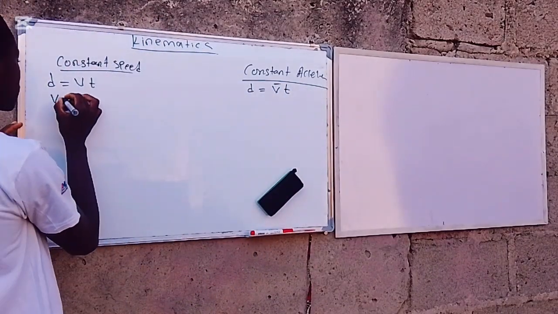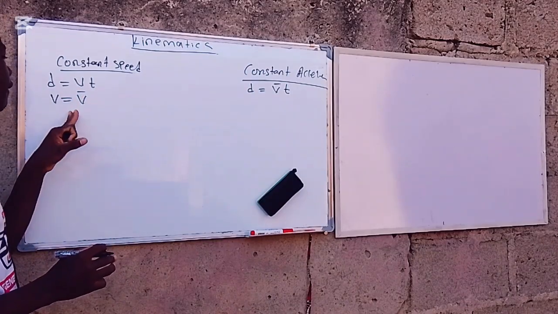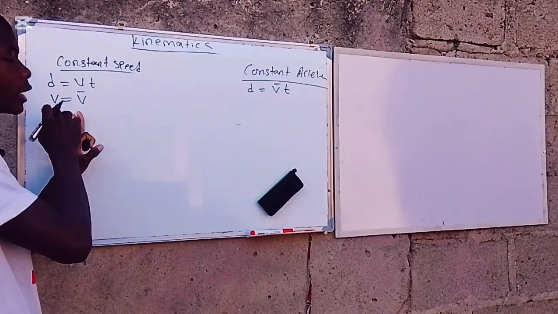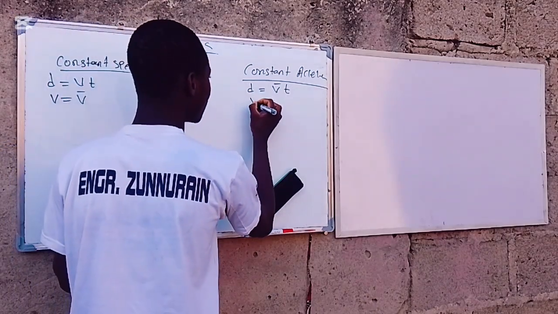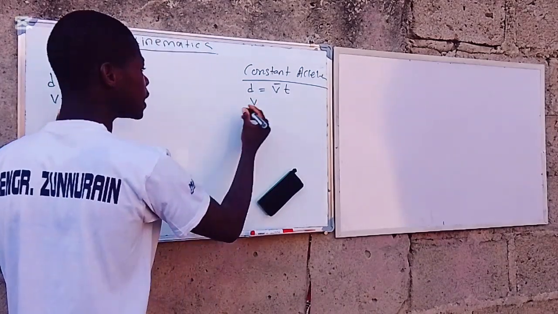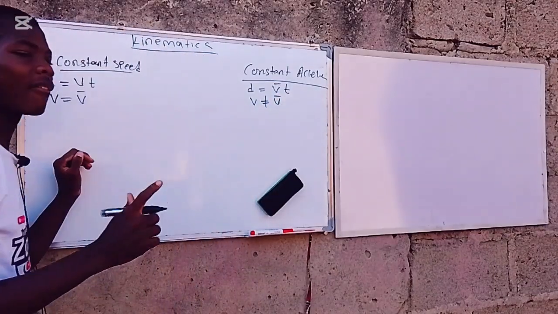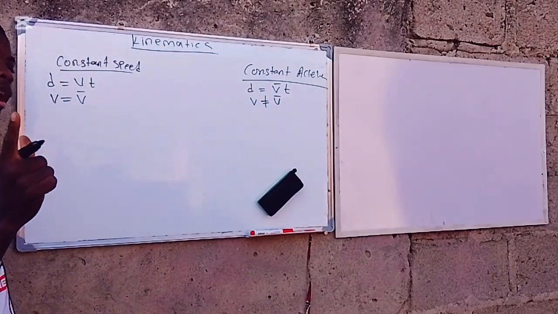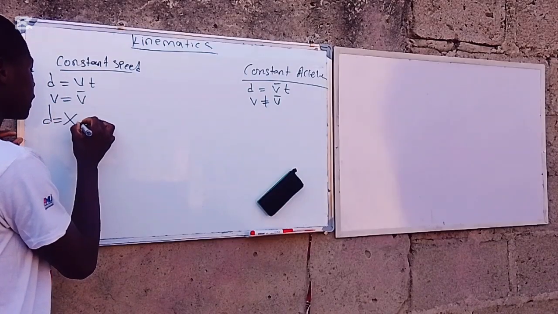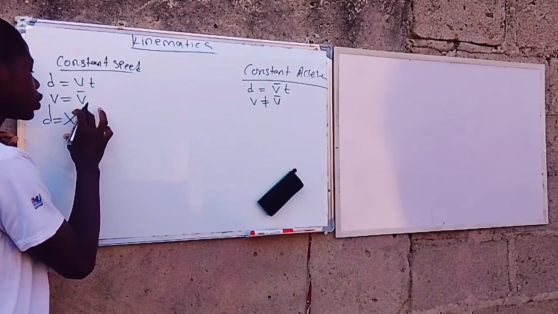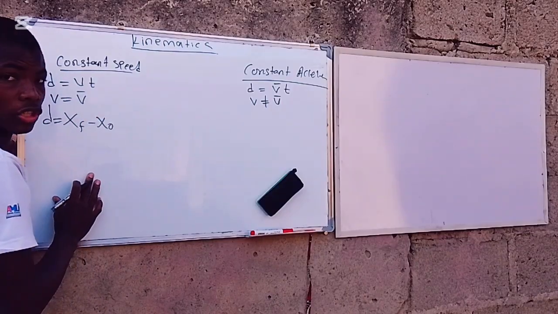And also the instantaneous velocity is equal to the average velocity. But in constant acceleration the instantaneous velocity is not equal to the average velocity. And we have to take note that distance is the same thing as x, the final position minus the initial position.